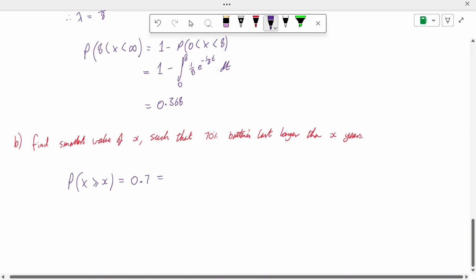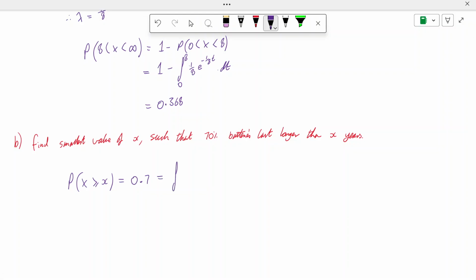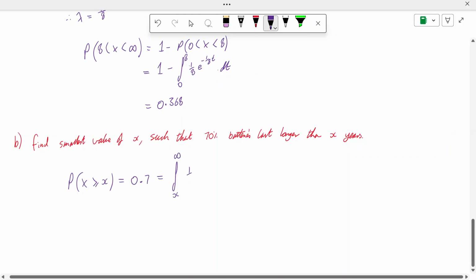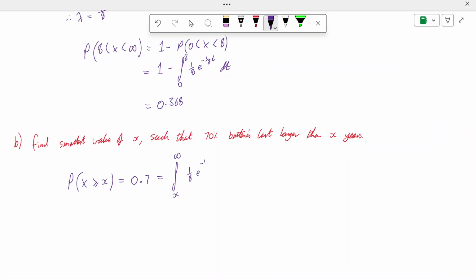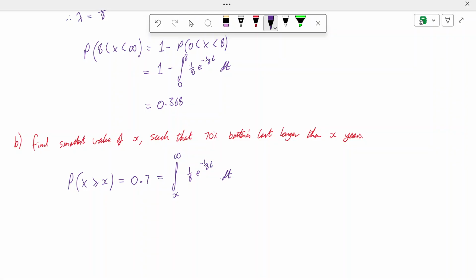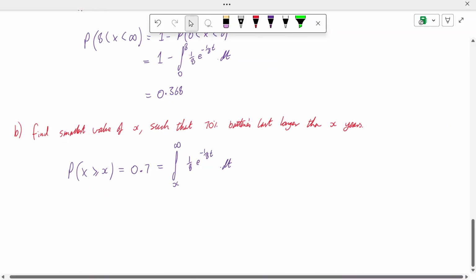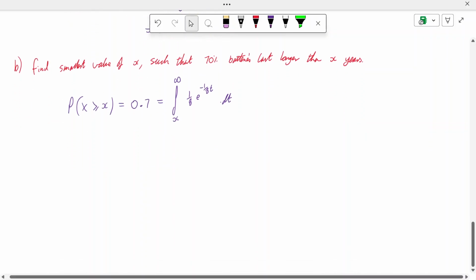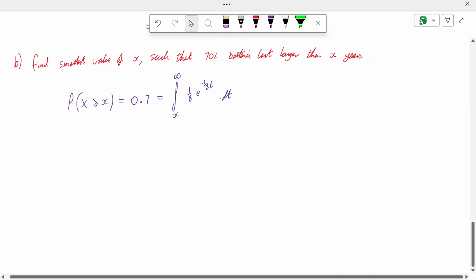So I'd be dealing with x as my minimum, infinity as my max, and then that exact same function that I've been dealing with here. Now, as soon as I look at a problem like this, I'm straight away thinking, yep, sweet, I'm dealing with the complementary event here. That's really easy for me to work out.